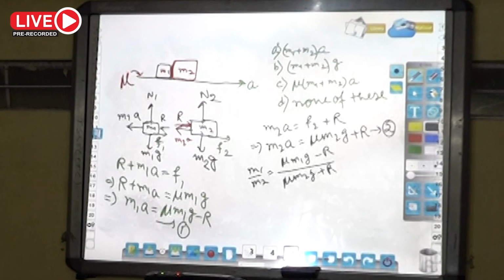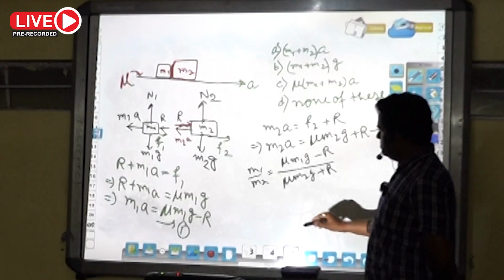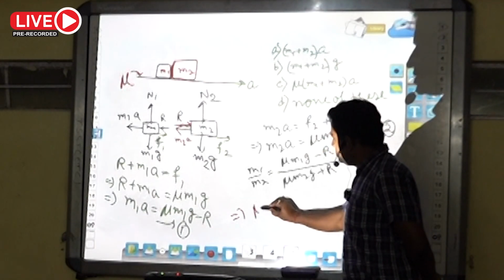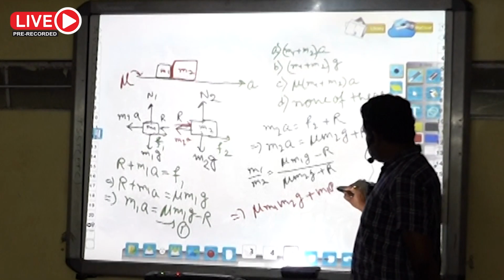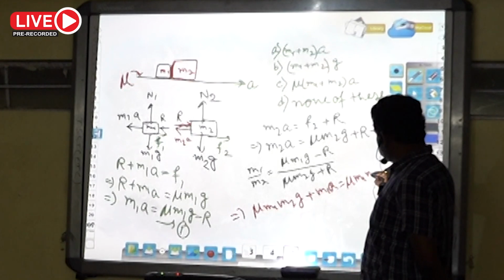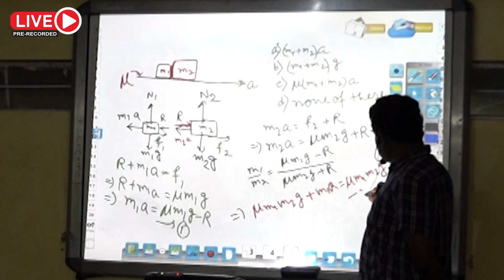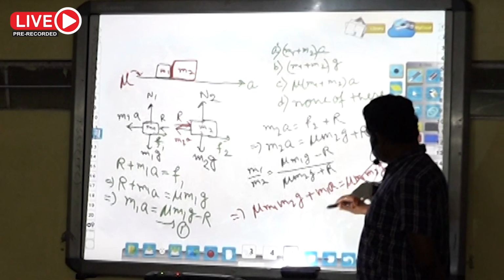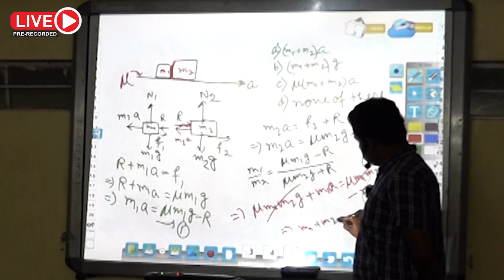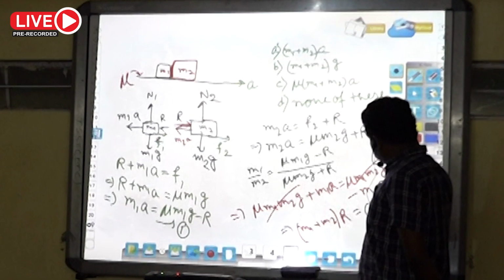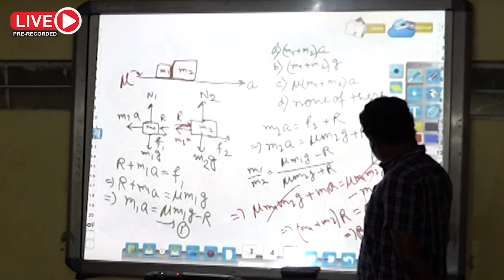So R will be coming 0. First term will be mu M1 M2G plus M1 R equal to mu M1 M2G minus M2 R. So it is coming M1 plus M2 into R equal to 0, which implies R equal to 0.